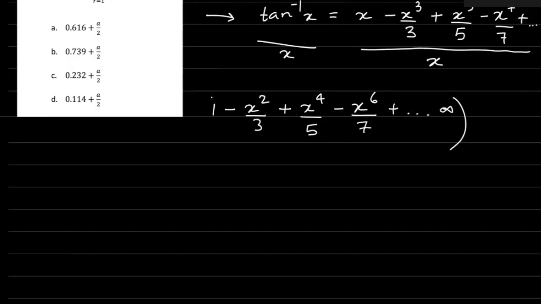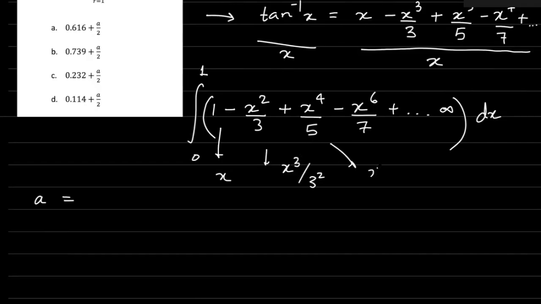This thing we need to integrate with respect to x for the following limits. And it is given to be a. So therefore, a is equal to, after integrating, this will become x. This will become x cubed by 3 square. This will become x to the power 5 by 5 square and so on.